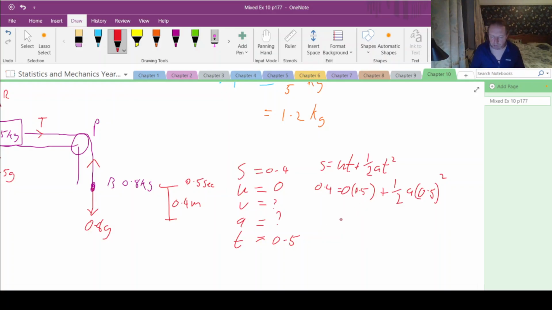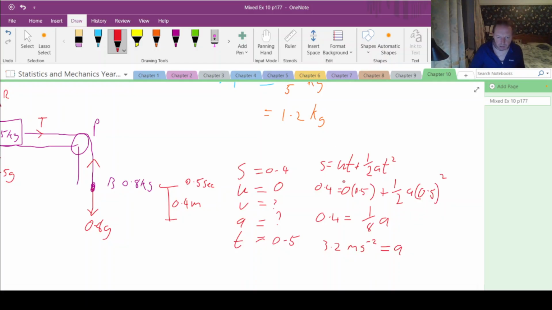So that becomes a 0 on there. So 0.4 equals 0.5 squared is a quarter, divided by 2 is an eighth, of A, and so 0.4 times 8 gives me 3.2. So I have an acceleration of 3.2 meters a second squared is equal to A.